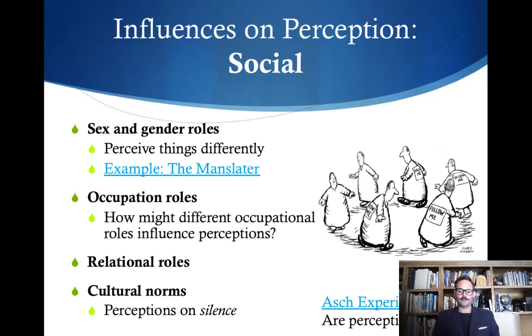So I invite you to watch that experiment. There are newer social experiments that follow Solomon Asch's original experiment, so you could probably just YouTube Solomon Asch and see a bunch of fun experiments.